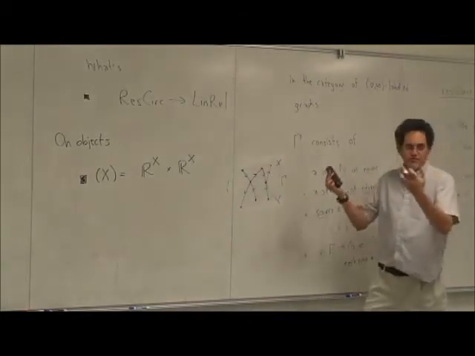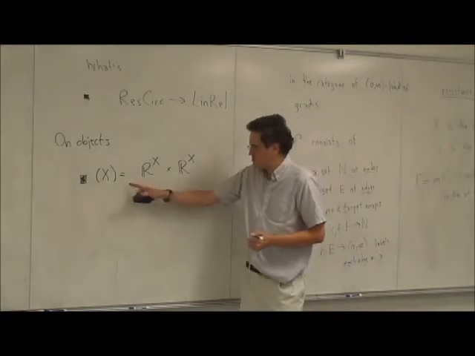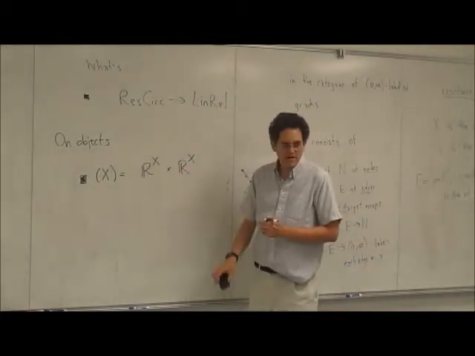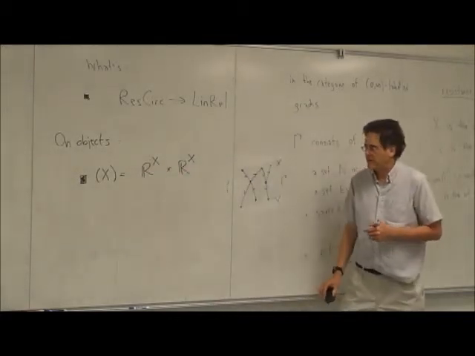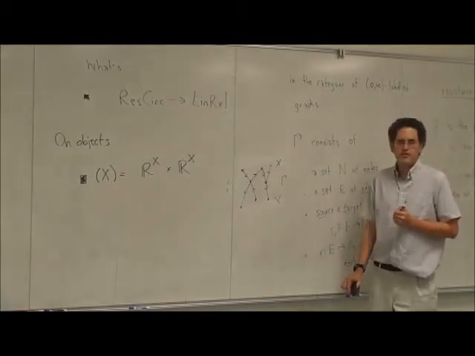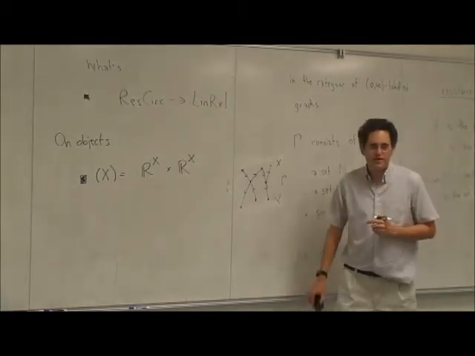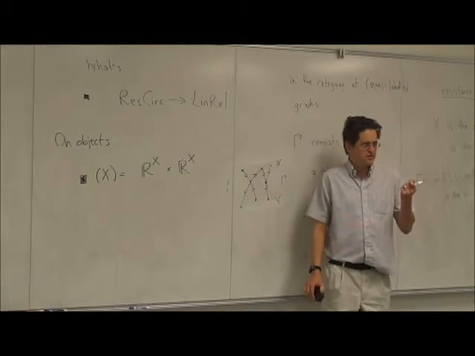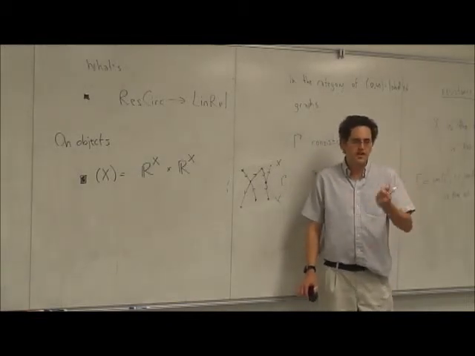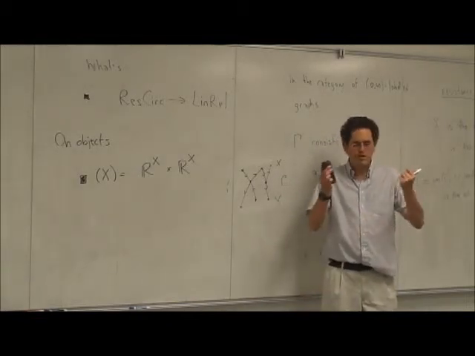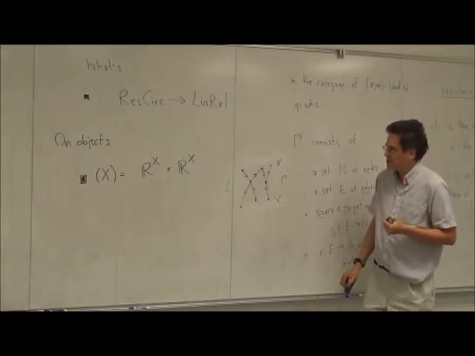So sort of the most famous way to turn a set into a vector space is to do R to the X. But we're doubling it here because there's a really fundamental fact about electrical circuits, which is that there is electrostatic potential and current, both of which play key roles.